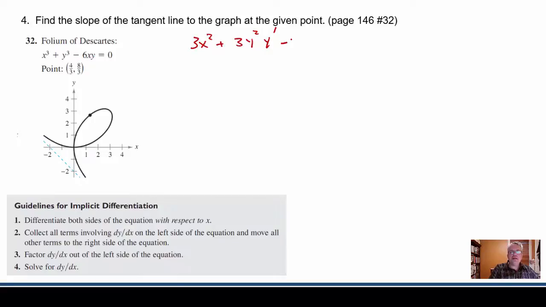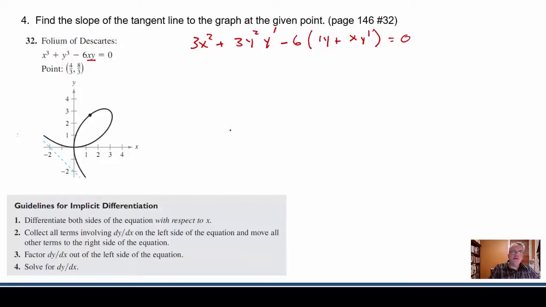Minus 6 times the derivative of xy. I need the product rule for that. So it's minus 6 times whatever I get for that. Remember, it's f prime, which is 1, times g, plus f g prime. And the derivative of 0 is 0.